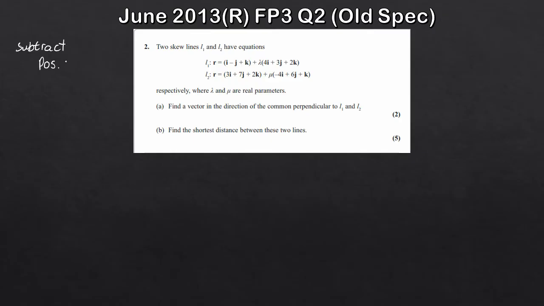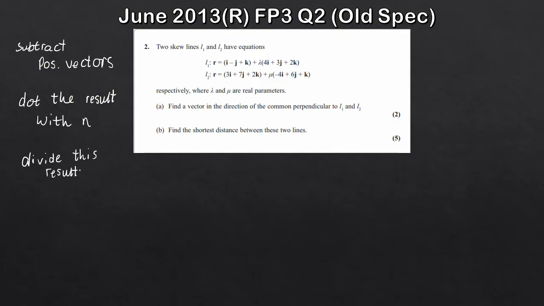Subtract the position vectors, and then dot the result with my n, and then divide this result by the length of n. Okay, so they are the three steps we need to do.